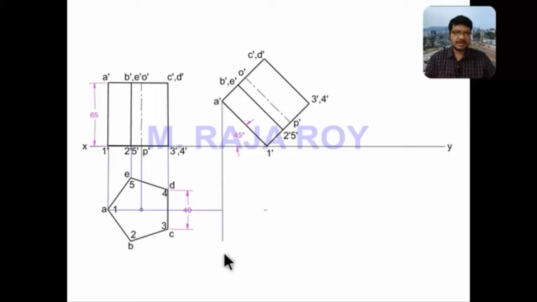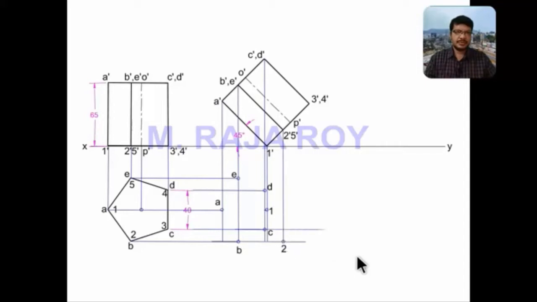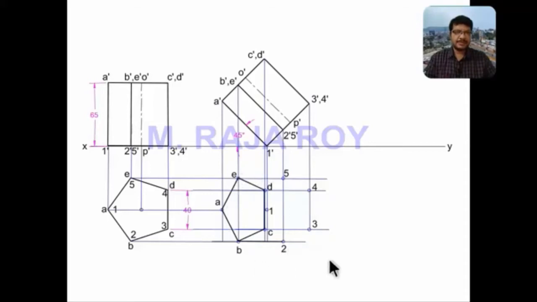Okay, draw the projectors and locus lines and obtain A, here B, E, here C, this is D. Then this is 1, 2, 3, 4 and 5. Then A, B, C, D, E is visible. B2 is visible. Another thumb rule is this outer contour will be visible.